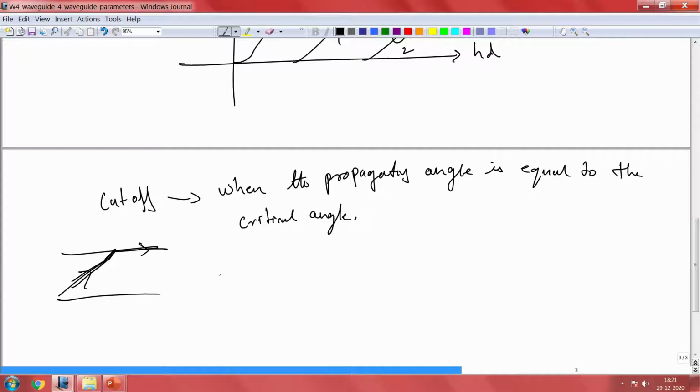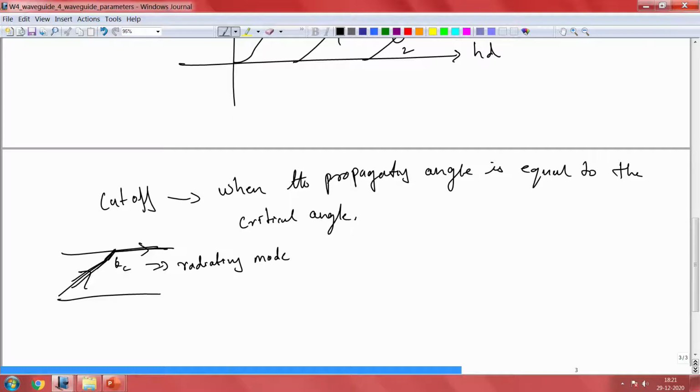So, at this particular angle theta c, you will have radiating modes only. That means it is not actually propagating through, it is going to be lossy. You need to have angles that are greater than theta c. That is very important.